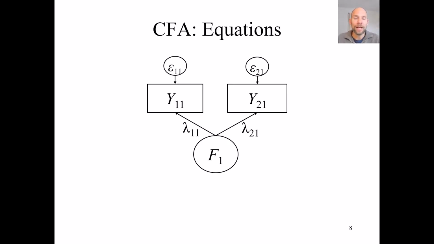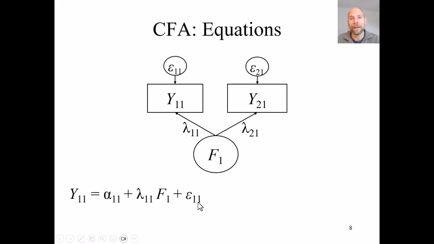So now we can also express this path model, this path diagram in terms of equations. Those are regression equations. Y11 is the first measure. It has an intercept, measurement intercept alpha 1,1. It has a factor loading lambda 1,1, and the factor is the independent variable in this equation.